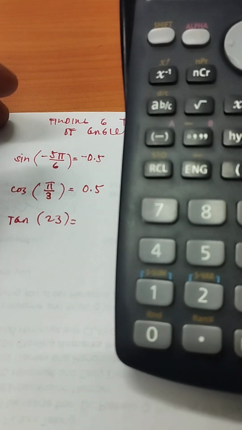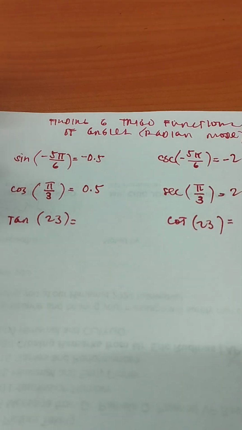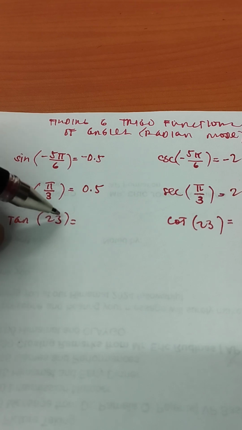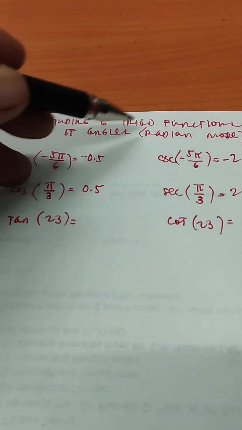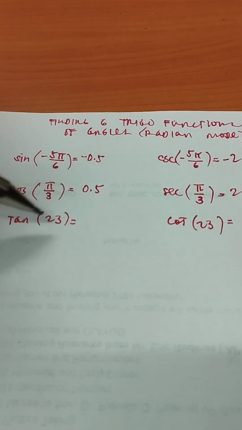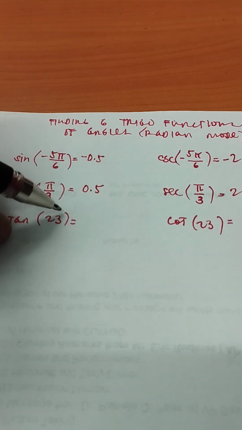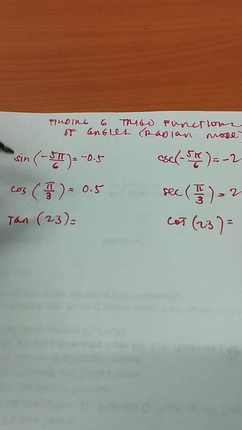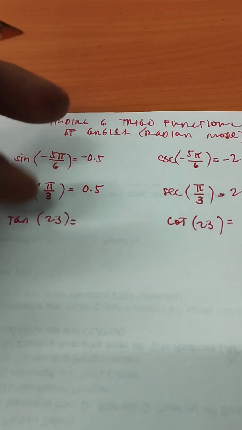Okay, and then here you have a peculiar problem because there seems to be no pi, but there's no degree notation on it either. So naturally, if you just have a pure number here, it is safe to assume that the angle is already expressed in radians, not in degrees. In the absence of that tiny circle just above the 3, you will just have to assume that this is in radian mode.